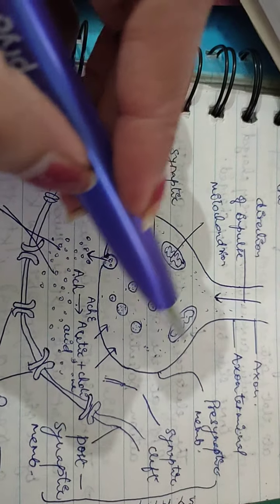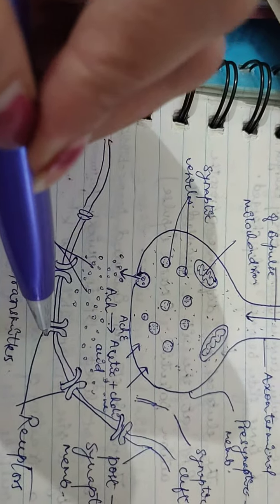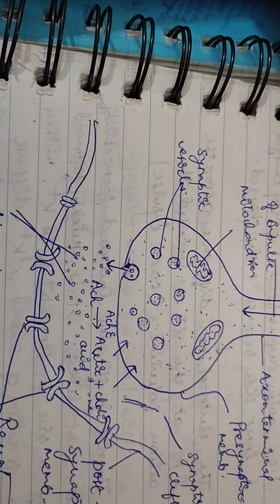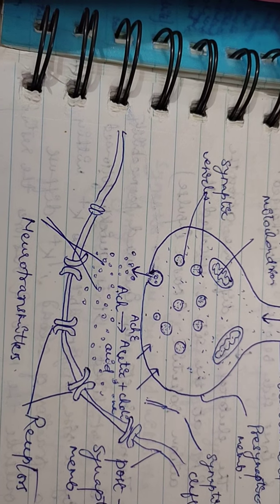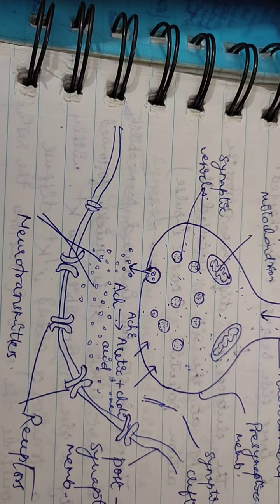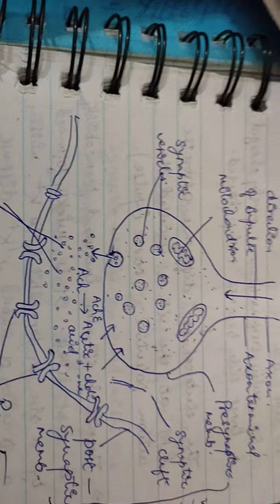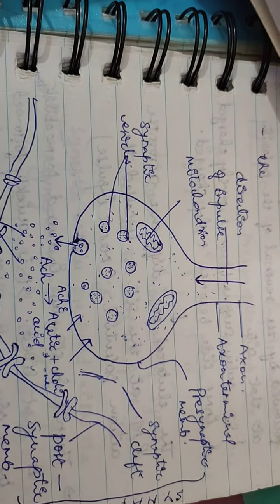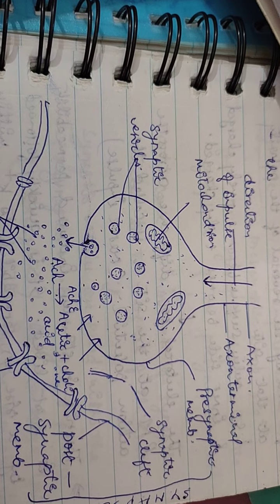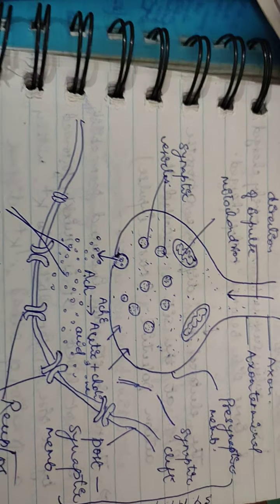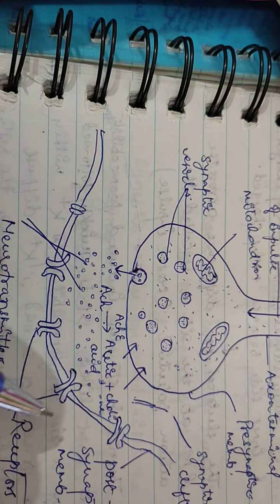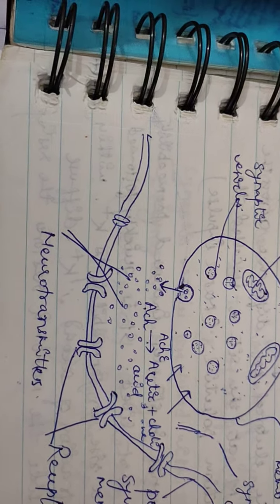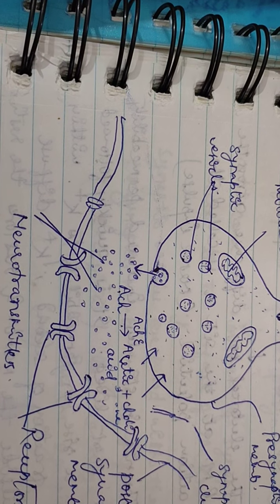You can see here this is axon and this one is dendrite. The axon terminal is expanded to form a presynaptic knob or button. You can see here this is presynaptic knob or button. The dendrite terminal is slightly broadened and depressed to form postsynaptic depression.